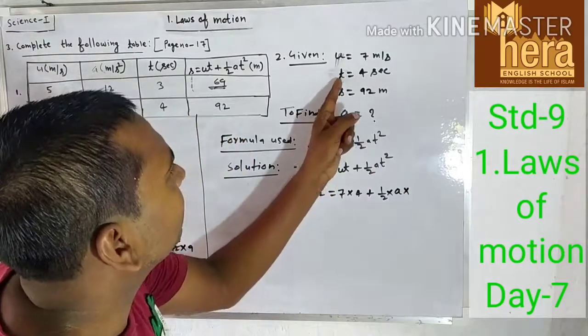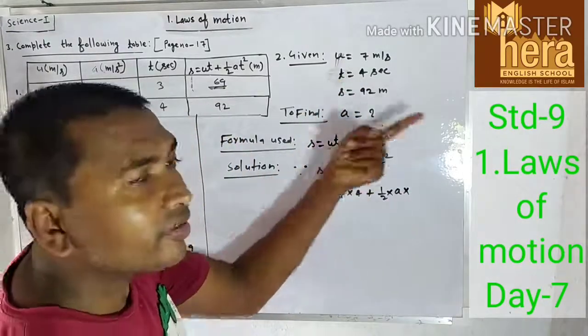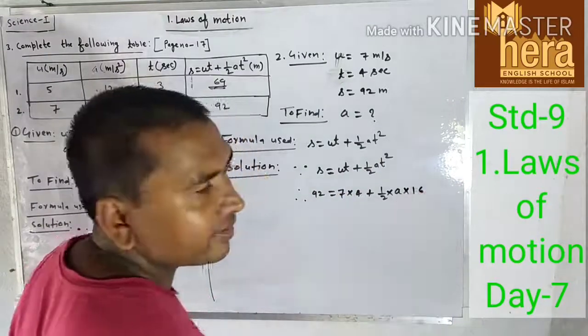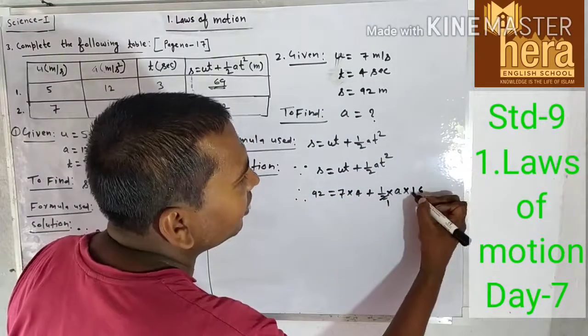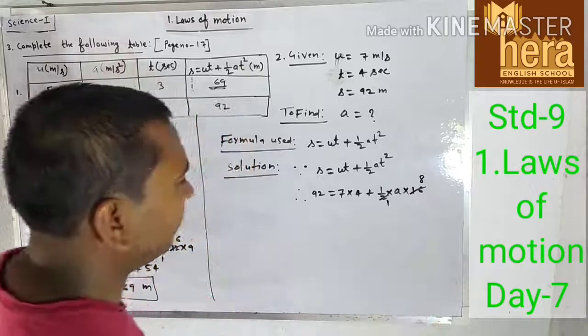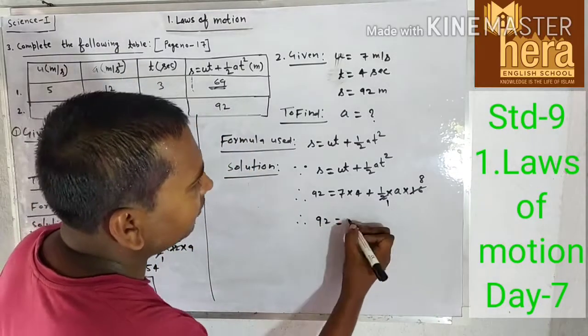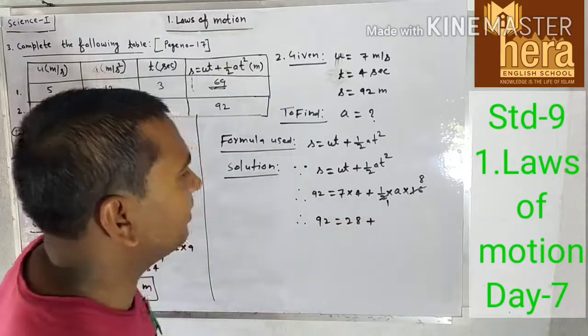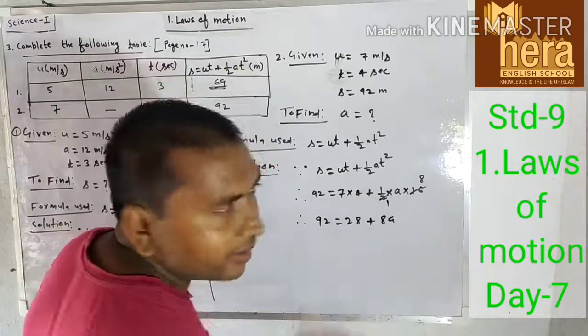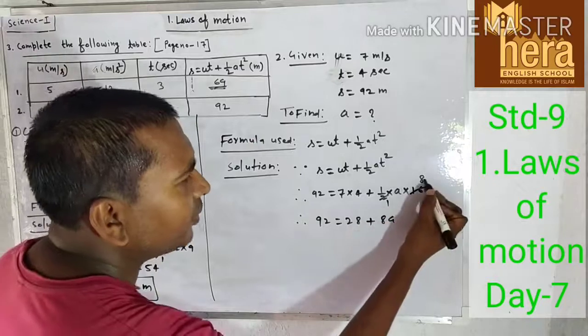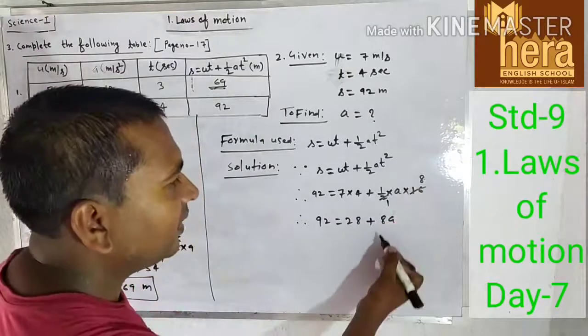T is how much? T is 4. 4 square, that is 4 4 is 16. 2 1 is 2, 2 8 is 16. Therefore 92 is equal to 7 4 is 28 plus 8A. A into 8, that is 8A.